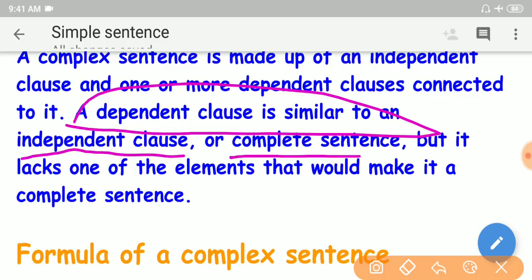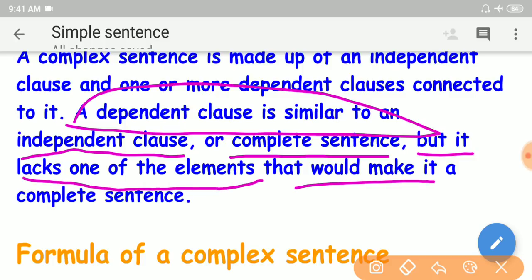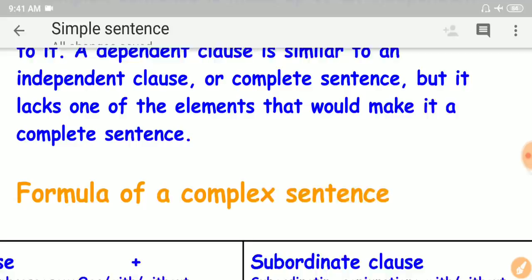But the difference is it lacks one of the elements that would make it a complete sentence. So in a dependent clause, one of the things is lacking to make it a complete sentence. That is the only difference. So let us go and learn through the formula, my dear friends.